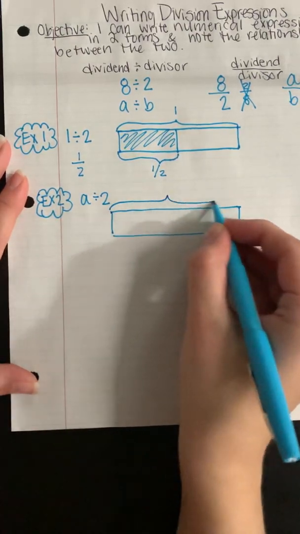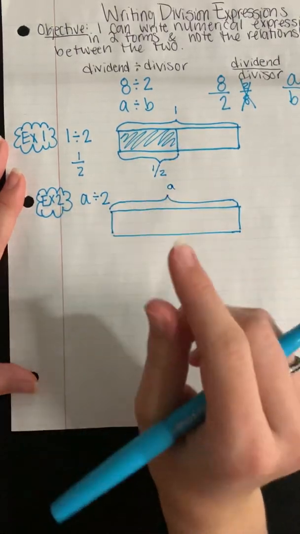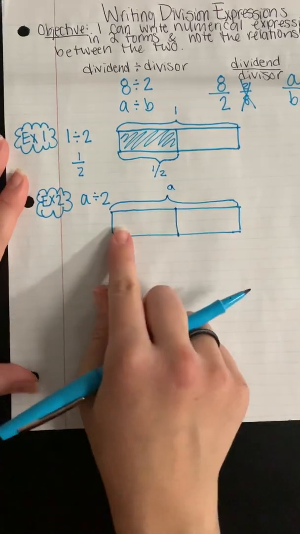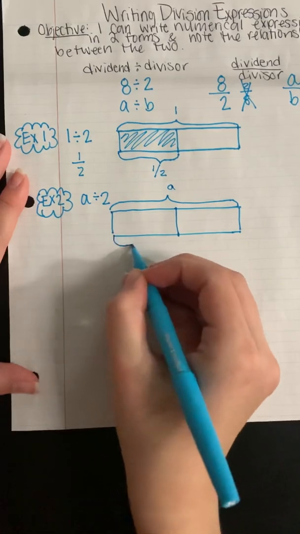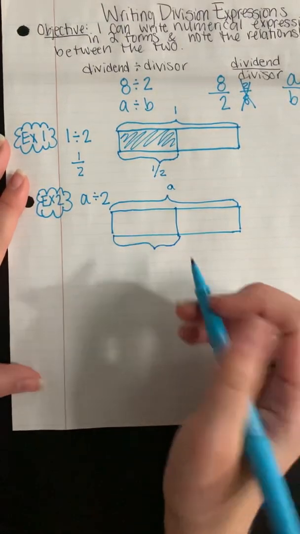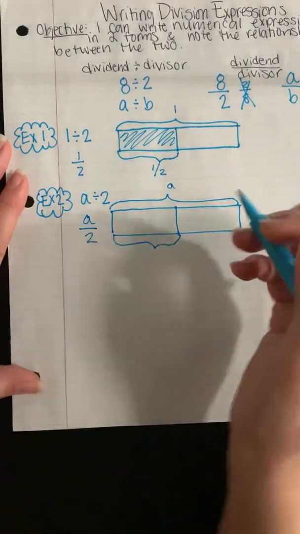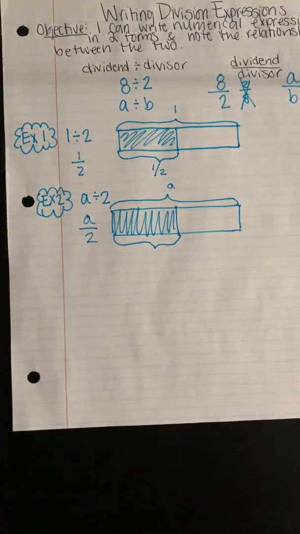Instead of the whole thing being 1 this time though, the whole bar diagram is represented by the variable A. And so if I wanted to divide that into two pieces, I just did that using this little line that I drew, and I'd be looking at the same chunk as before. A divided by 2 is the same as A over 2, and we can prove that using this model.